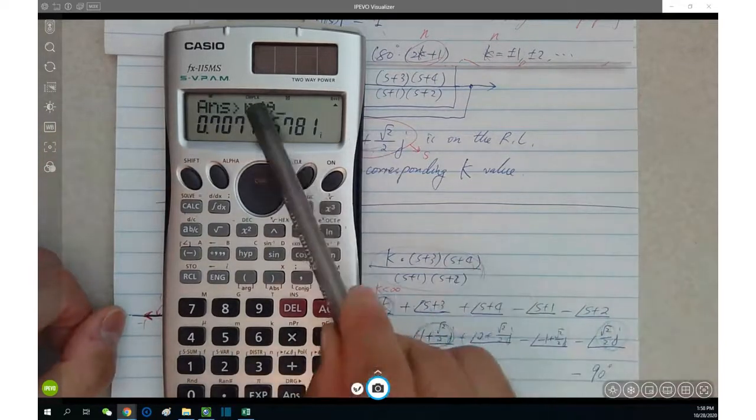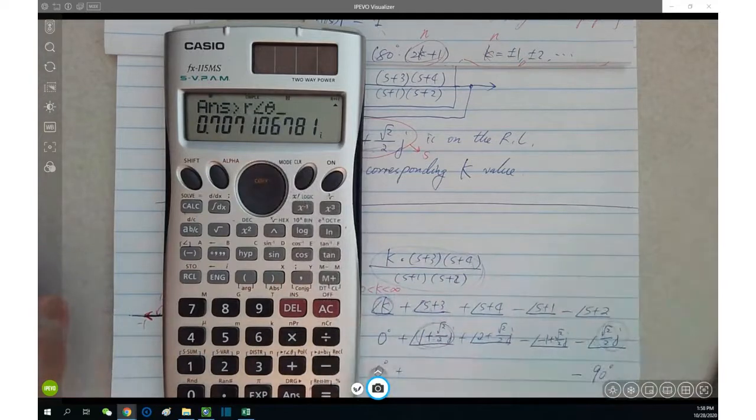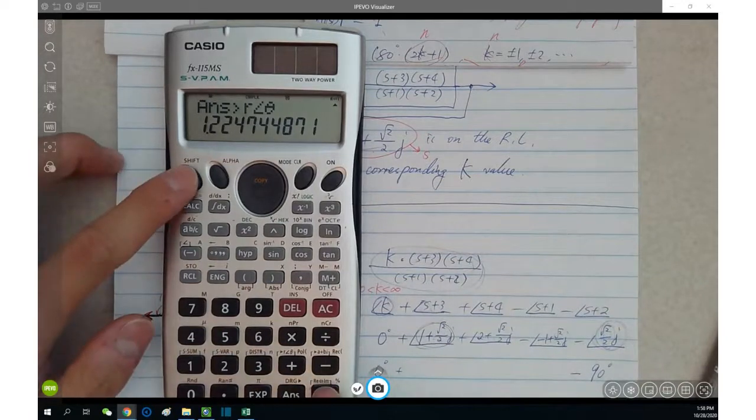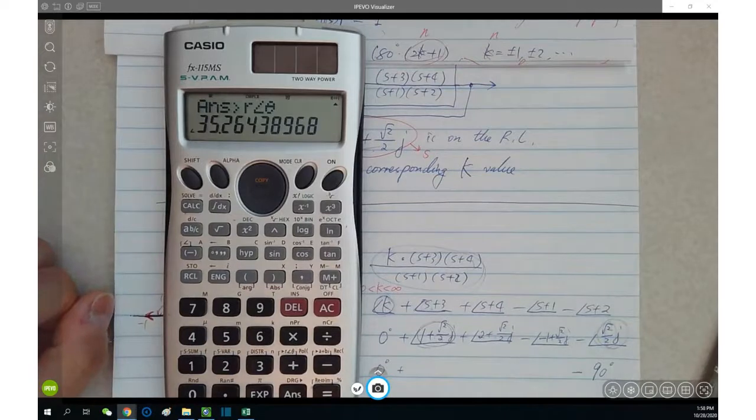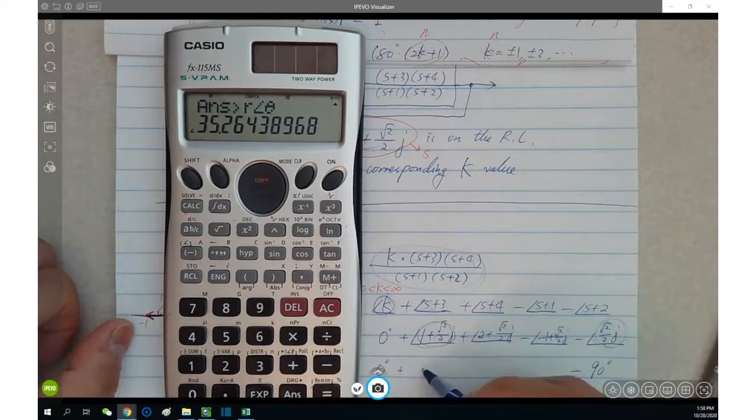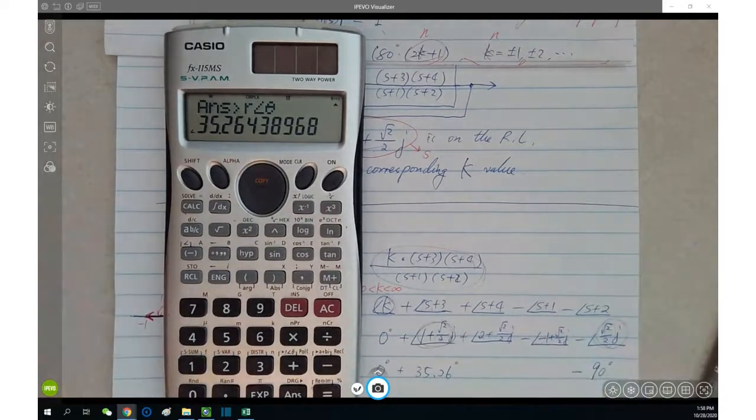Can you see it? Convert your complex number to polar form. And then you end up with magnitude like this, which we don't care, and phase angle like this. So this guy's phase angle from the calculator is equal to 35.26 degree. This is how you find the phase angle for this.